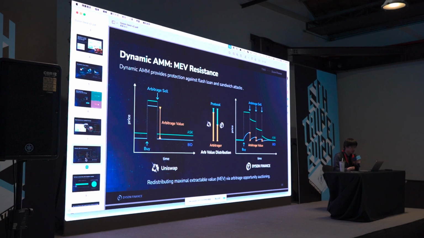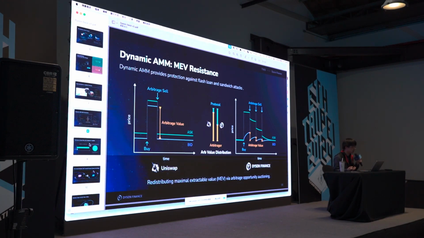So that's an interesting dynamic: we do not directly protect our users or, say, uninformed traders, but instead we try to punish arbitrageurs, punish those sandwich attackers by preventing them from making profit from back running. Yeah. So that's not perfect, but it's also an effective way to mitigate the potential loss of the traders on our platform.